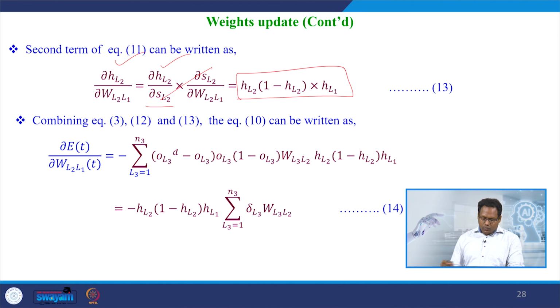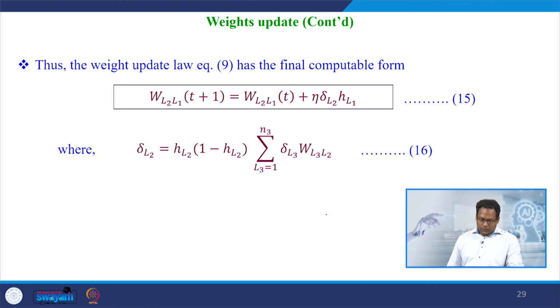Now, combining equations 13, 12 and 3, equation 10 can be written as ∂E/∂WL2L1 becomes finally minus HL2 into (1 minus HL2) into HL1, summation over L3 equal to 1 to N3 of delta L3 WL3L2, which is the 14th equation.